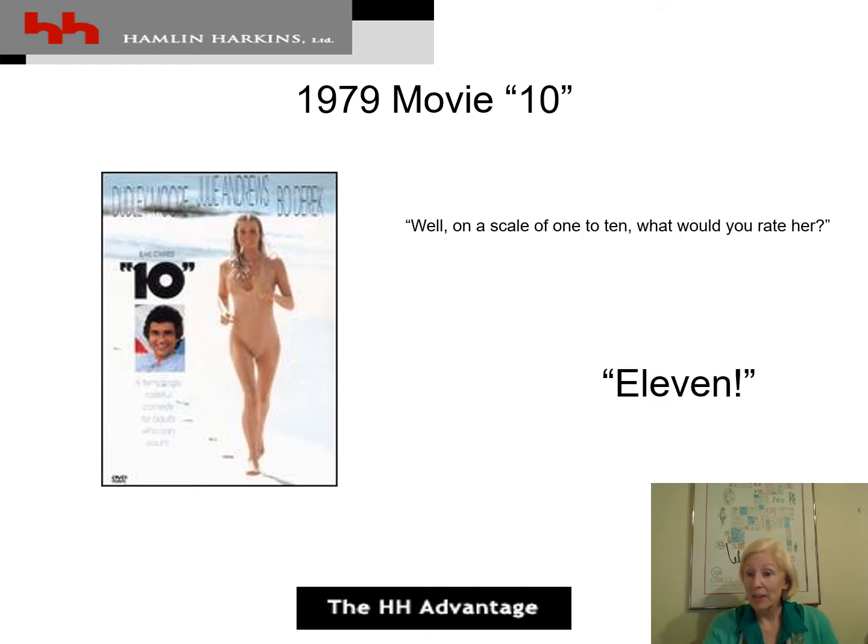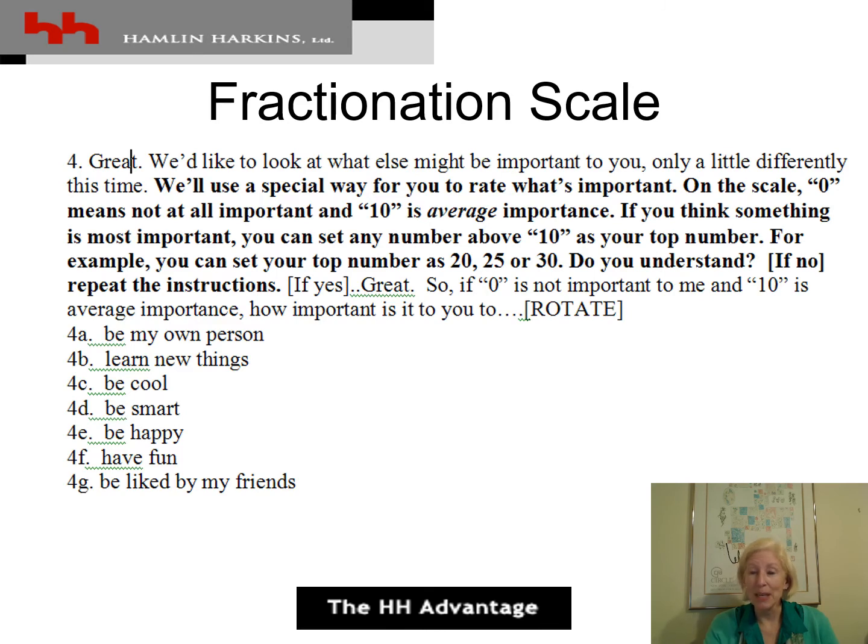So why they didn't call the movie 11, I don't know, but here's the scaling mechanism that works around that. It's called a fractionation scale. It was started many years ago by Warren Torgerson, and if you ever want to read the details, his academic book is Theories and Methods of Scaling.